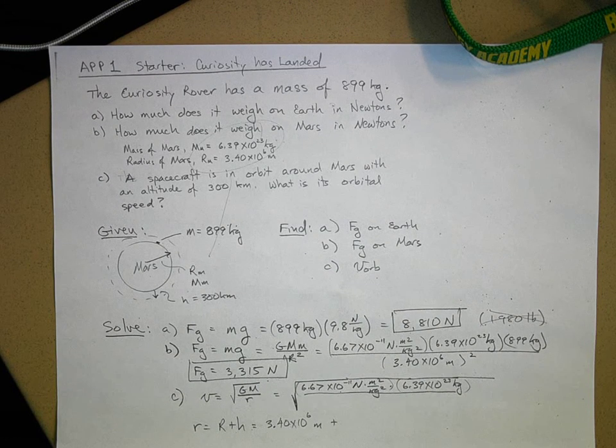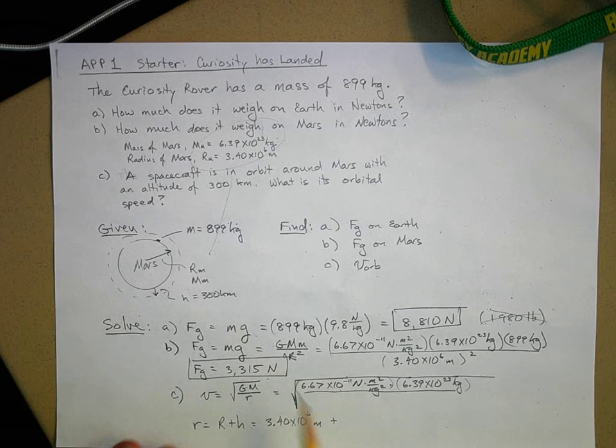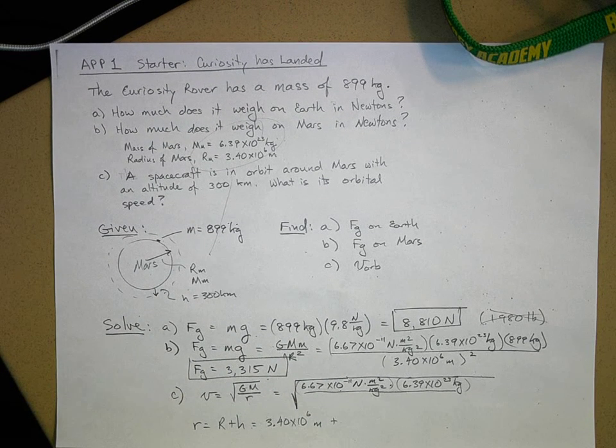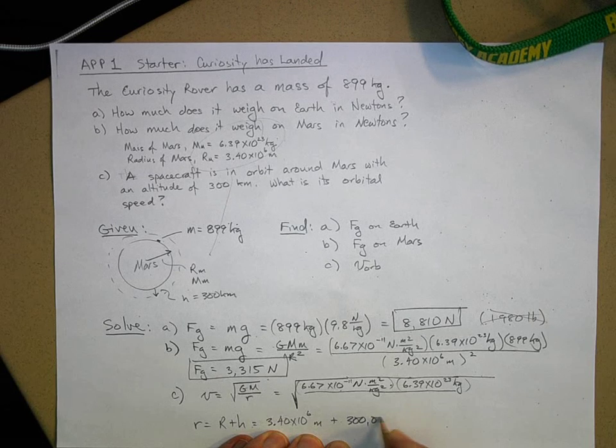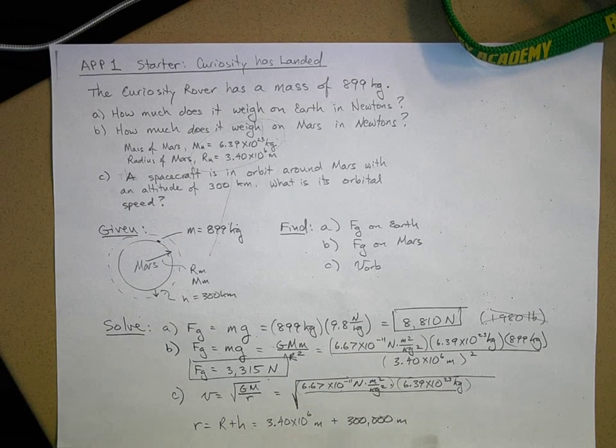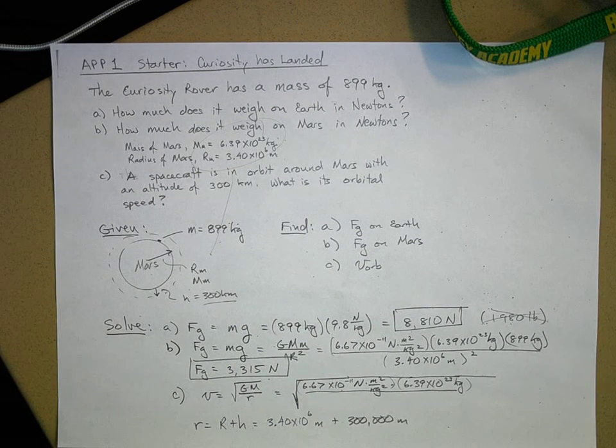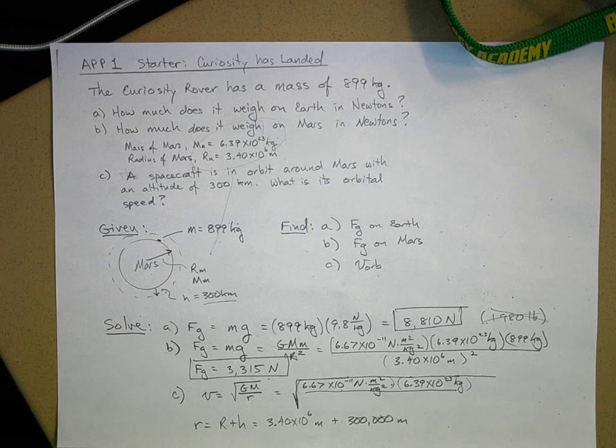This is why I always write units down, and I see people making this mistake all the time. Then they add 300 to this. No, you're not adding 300 to it. What are you adding? 300,000 to it, because I gave the height in kilometers. It's got to be in meters. Kilo means 1,000, so 300,000 meters. Don't forget to do that on the test.